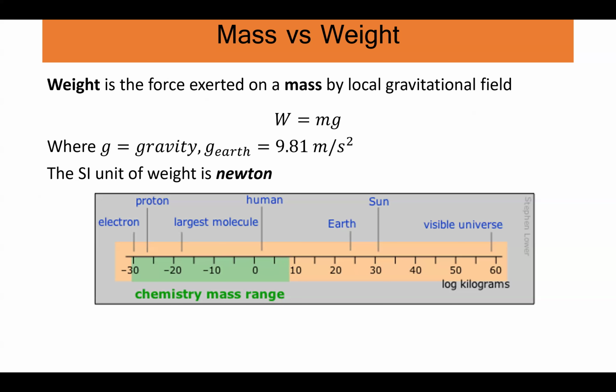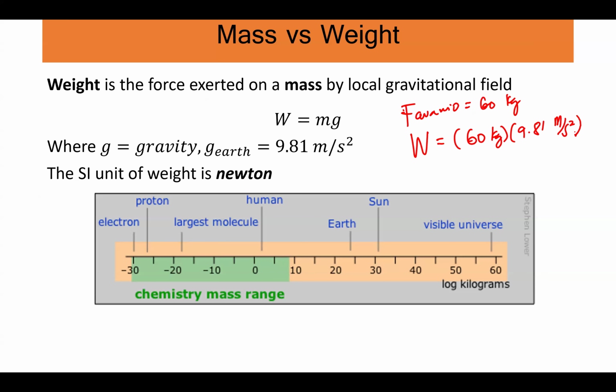Weight is equal to the mass that you have multiplied by gravity. Okay, so for example, Favanu, you have a mass of 60 kilograms, right? So your weight should be 60 kilograms multiplied by 9.81 meters per second square.